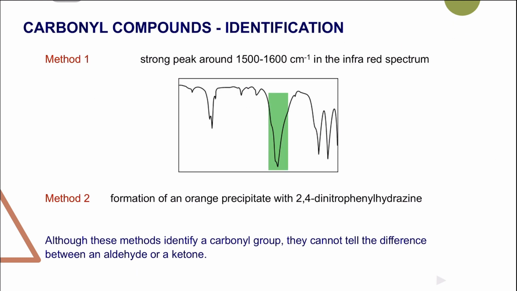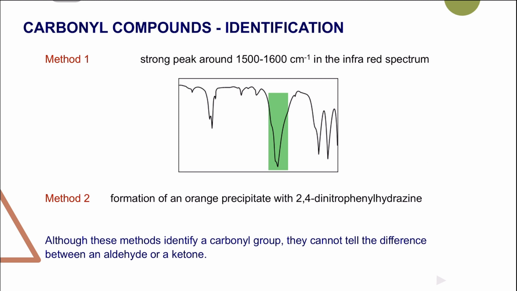So if you are preparing carbonyl compounds and you want to identify their presence, especially aldehydes and ketones, how can we do that? There are two tests that we can do. The first one is using the IR, the infrared method.